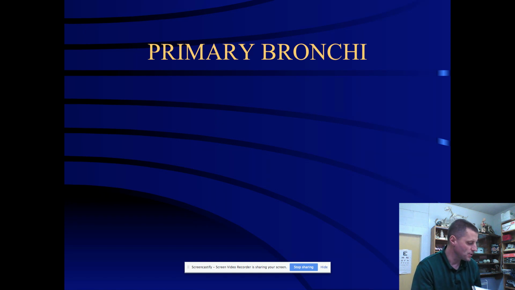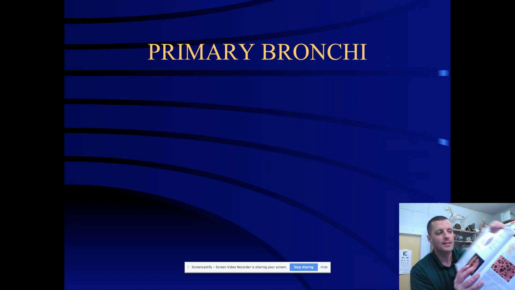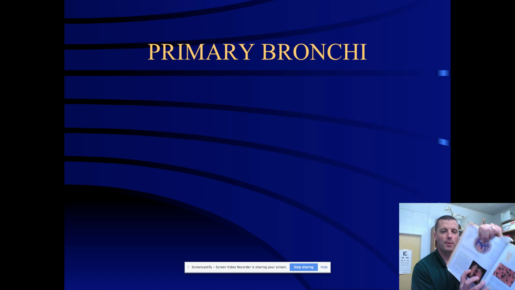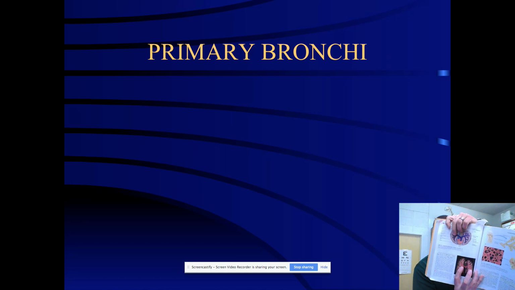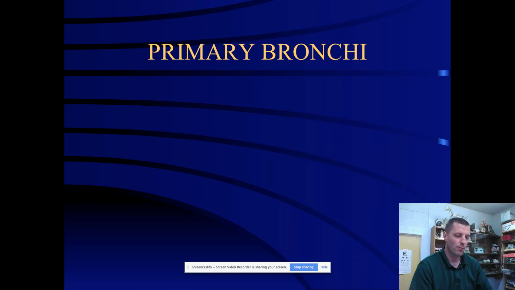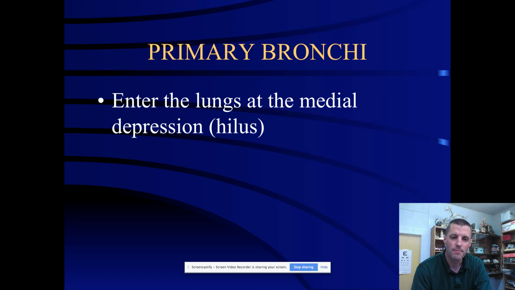Anyway, now moving on to the primary bronchi, and you should probably be looking at a diagram like the one on page 388. Now that's an anterior and superior view, so you're looking at it from the top, this particular diagram. I think that will help you identify some of those structures.